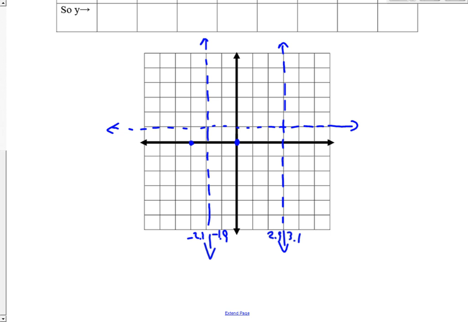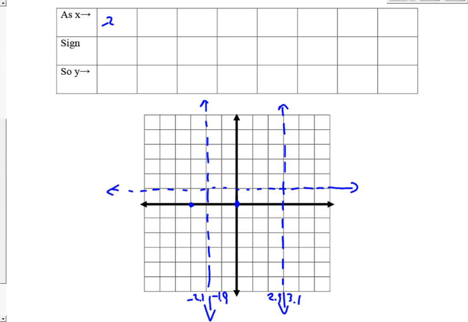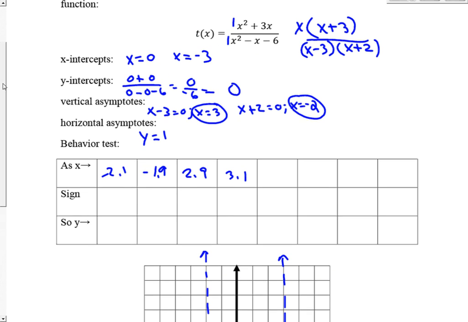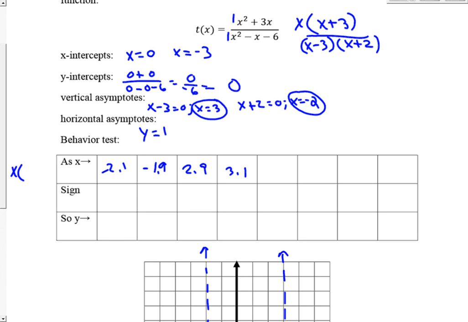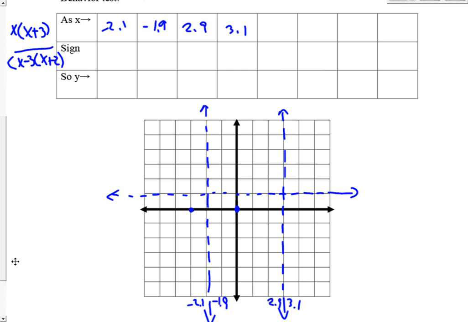So up here we're going to put in negative 2.1, negative 1.9, 2.9, and 3.1. So then we're going to test our behavior. We're going to use x times x plus 3, and we're going to have x minus 3 times x plus 2. All right. So plugging in negative 2.1 in for x, it's going to give us what?